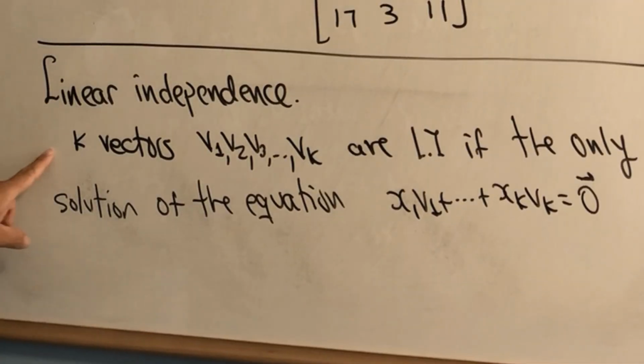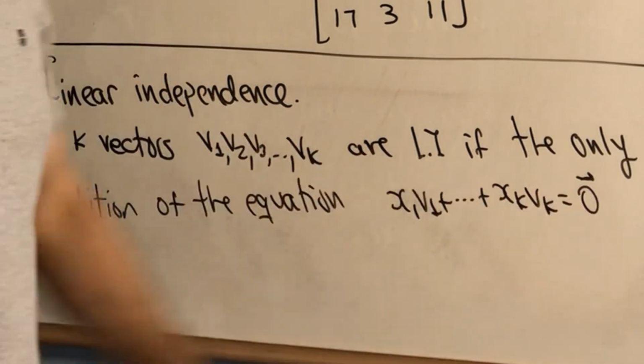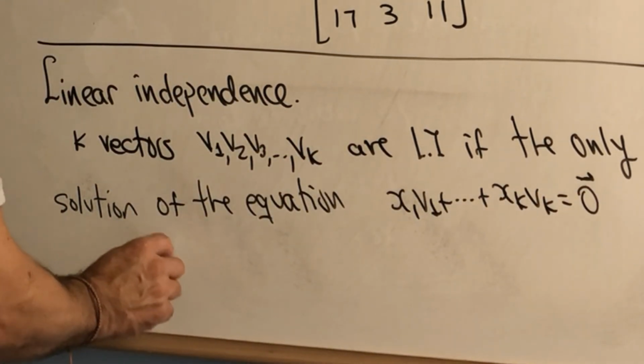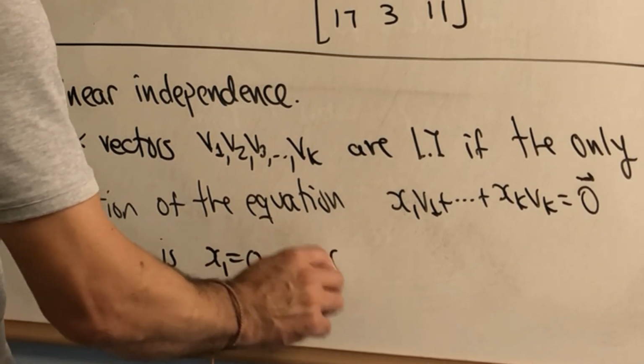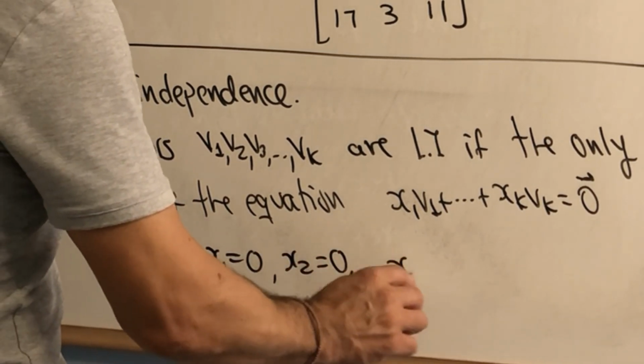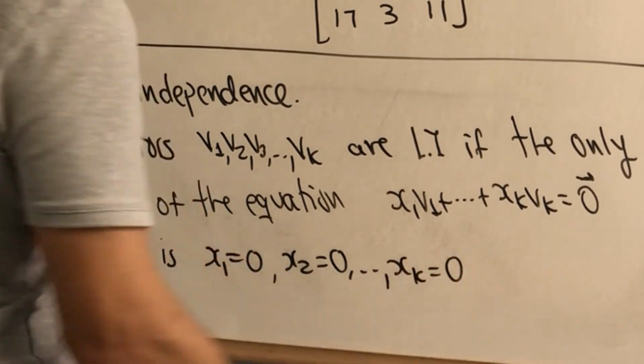Then we say that k vectors are linearly independent if the only solution of this equation is x1 equals 0, x2 equals 0, and xk equals 0.